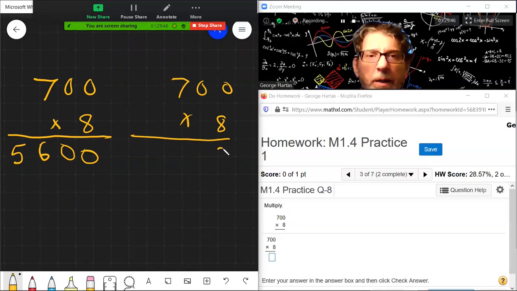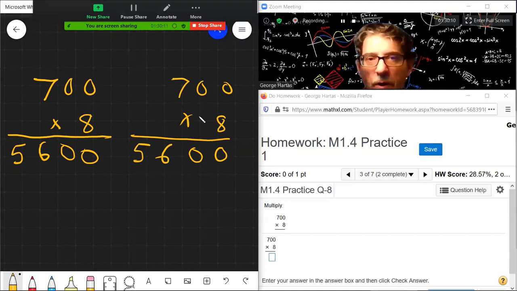I'm going to automatically bring them down, and I can do that because I know that 0 times anything is 0, without even thinking about it. Then I can focus on multiplying the non-zero digits. 7 times 8 is 56. So either way, it's 5,600.